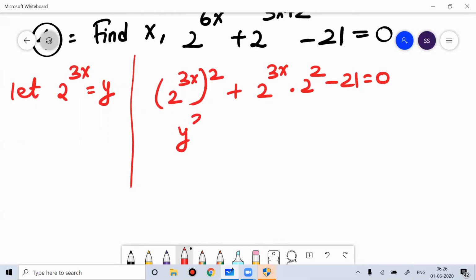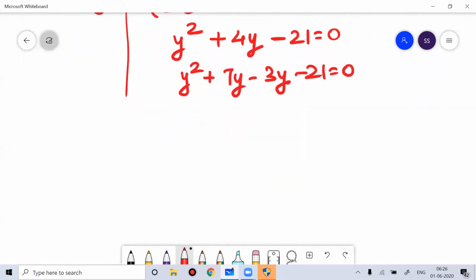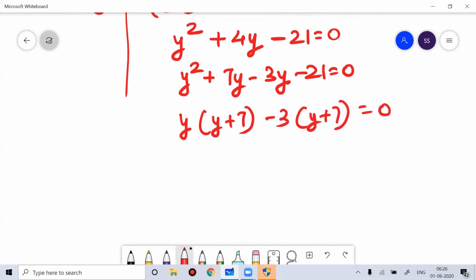So I can write y square plus 4y minus 21 is equal to 0. So I can write y square plus 7y minus 3y minus 21 is equal to 0. If I take y common, y plus 7 into y minus 3 is equal to 0.